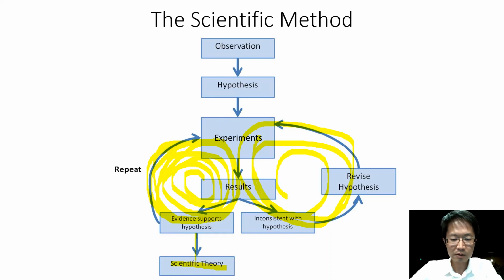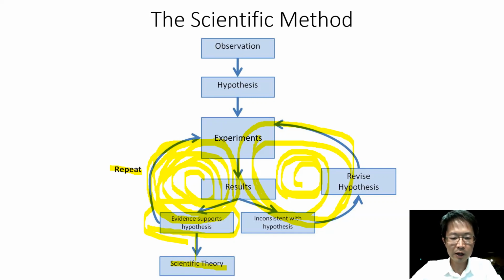Until the result matches the hypothesis. Then we can go through this loop here, the repetition in here. So in real life experiments, most of the time we are in this stage. We keep on revising the experiment because the result does not match our hypothesis.